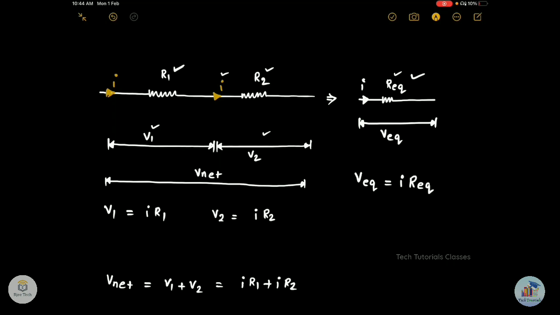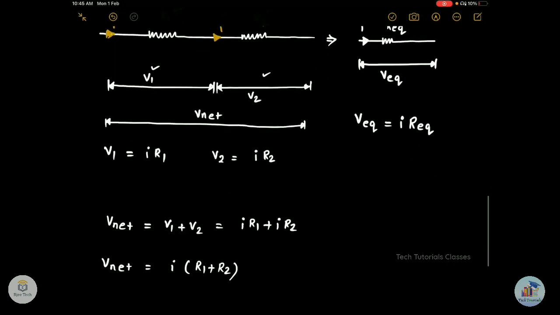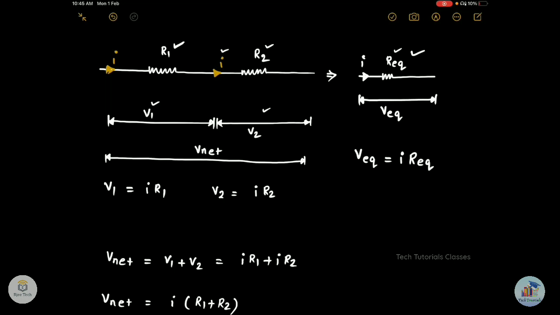Very good. So now what can we draw from here? Equivalent resistance would behave as the combined R1 and R2. If the behavior of R1 and R2 is that it produces a net potential drop across the circuit, that is I times (R1 plus R2), the same behavior must be shown by R equivalent. So R equivalent would produce the same potential drop across the two ends of the resistor.